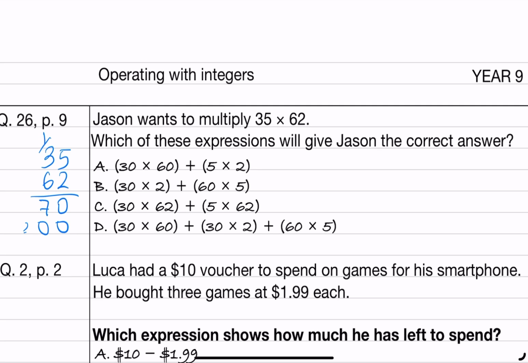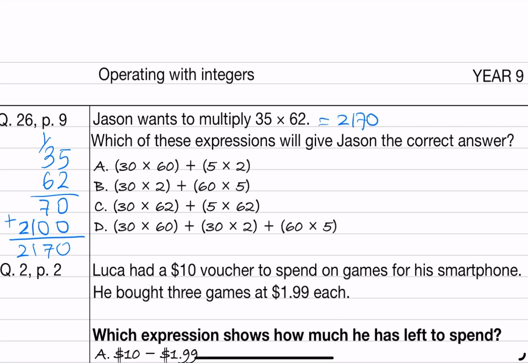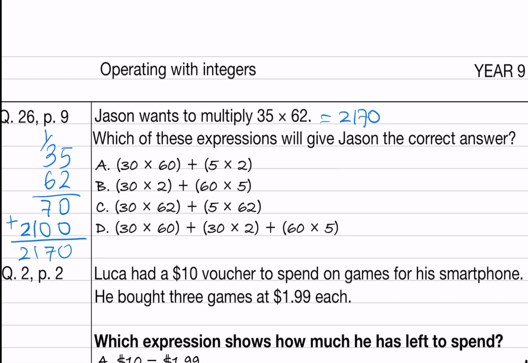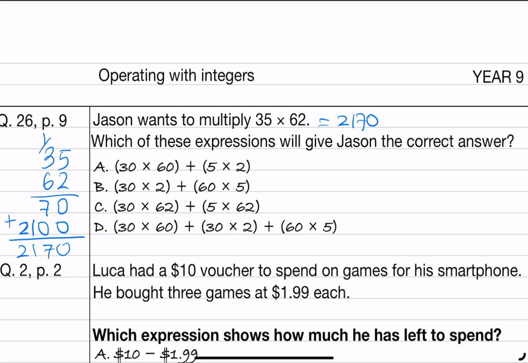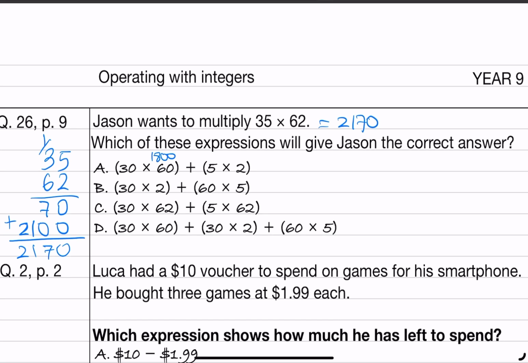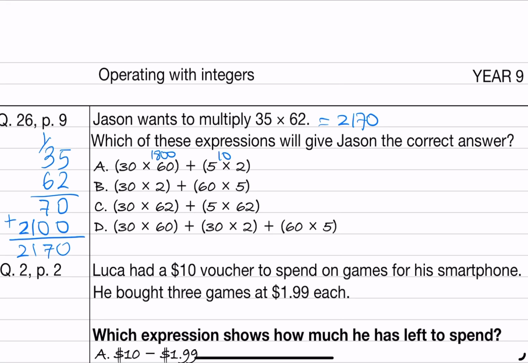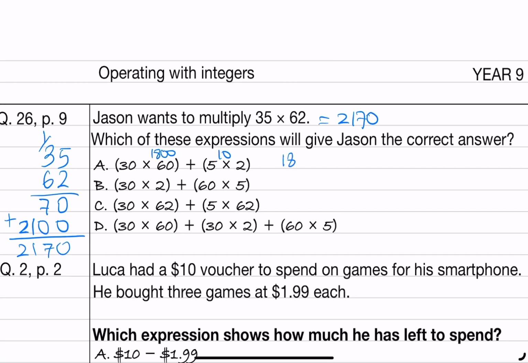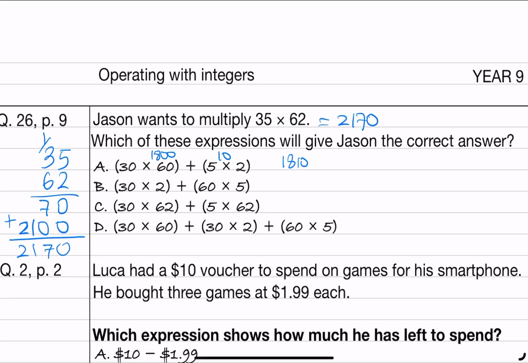That gives us 2170. Let's try A. 30 times 60 is equal to 1800, and 10, when we add, 1810.